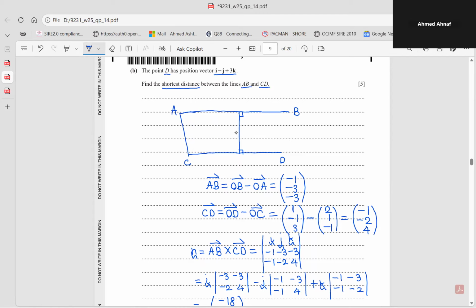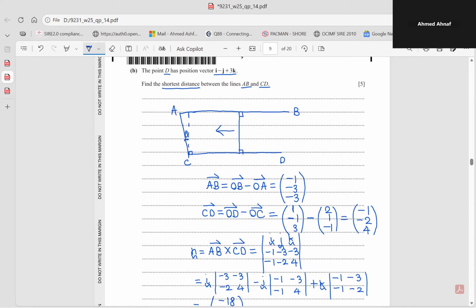If you translate the common perpendicular such that one end touches here, the other end is here. You can see that the angle between AC and this translated version of the normal is theta.